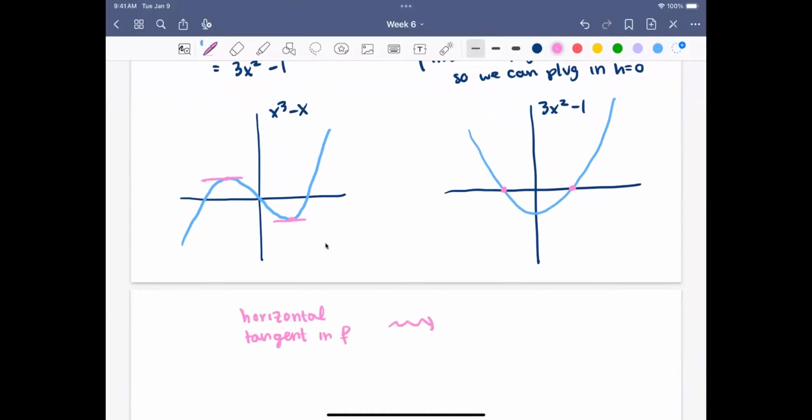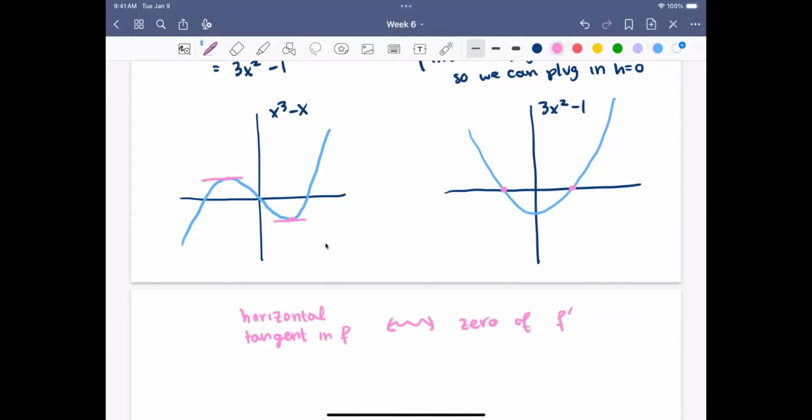The horizontal tangent in F corresponds to a 0 of F prime. Does that make sense? You can think of this purely in terms of the slopes: a horizontal tangent means slope is 0, and slope is 0 means F prime is 0.